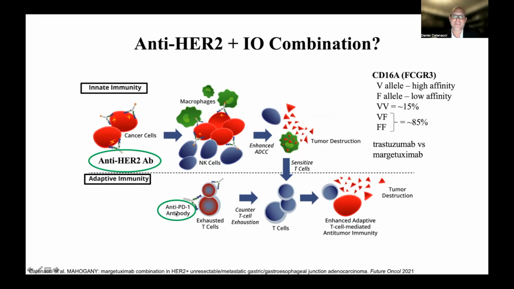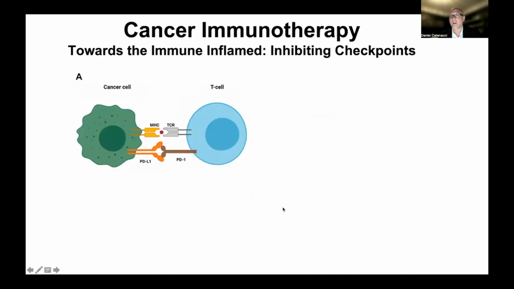However, then we can have upregulation of PD-L1 on tumor cells that shuts down or dampens the T cell response. So this is where immunotherapies like checkpoint inhibitors to PD-1 and PD-L1 become interesting. And so we have in this figure, just as a quick review, cancer cells that can express antigens on their class 1 MHC molecule.